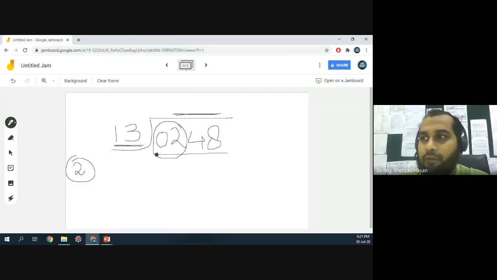Remember that you first have to ensure that this is written in the same format. For example, if this is 2 digits, then this is twice the size of this, so it should be 4 digits. If it's written in a 4 digit form, then you look at the first 2 digits. Now the idea is that these 2 digits should always be less than the divisor.